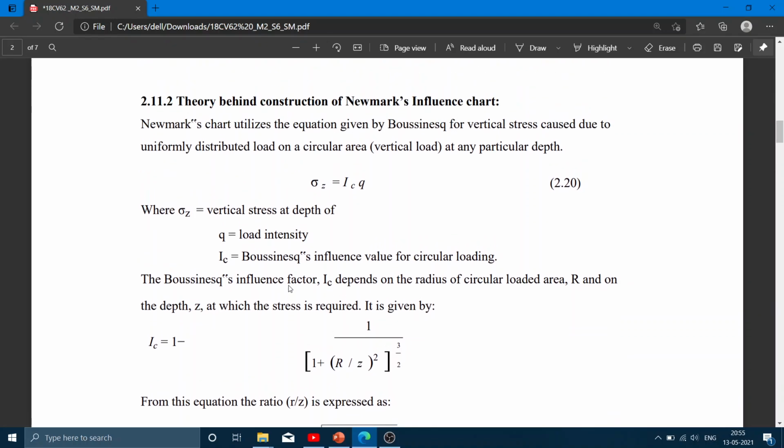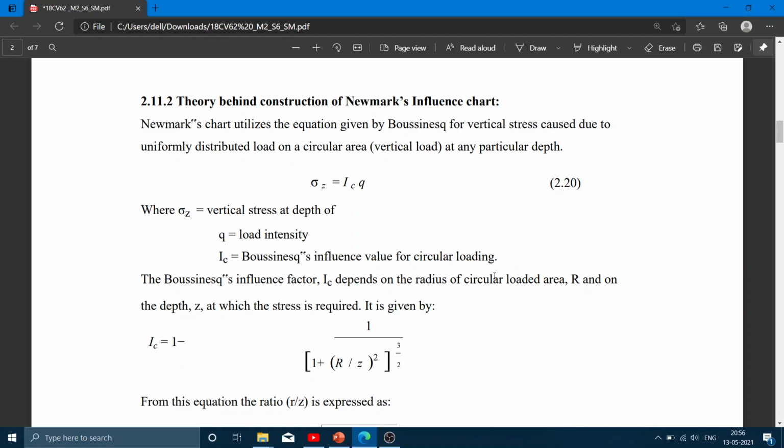Newmark's chart utilizes the equations given by Boussinesq for vertical stress caused due to uniformly distributed load on a circular area at any particular depth, given by sigma z is equal to IC into q, where sigma z is the vertical stress at depth z, q is the load intensity, and IC means Boussinesq influence value for circular loading.